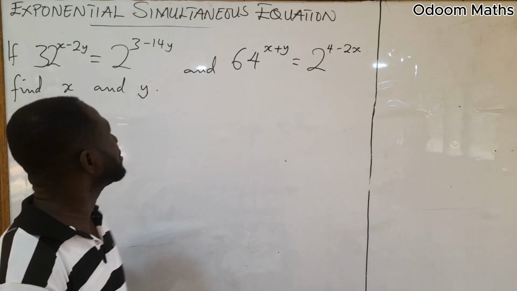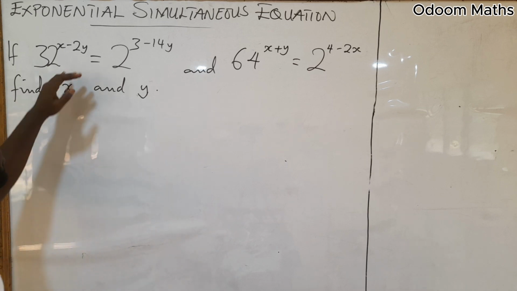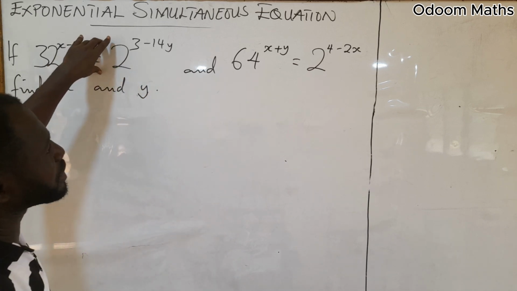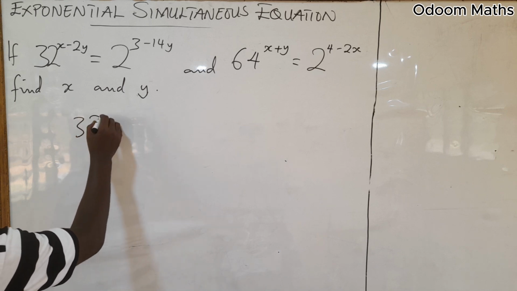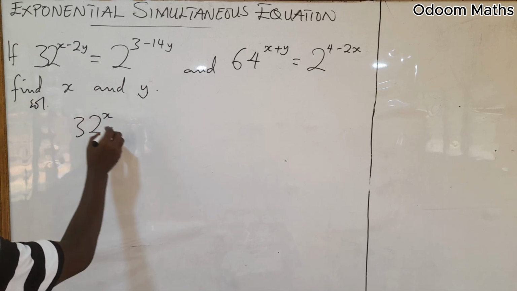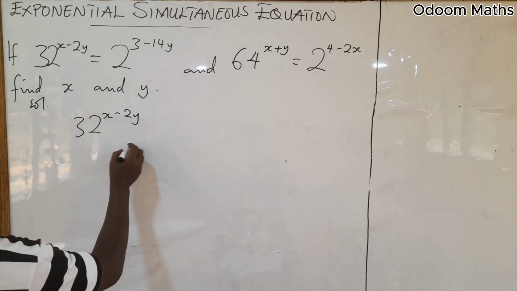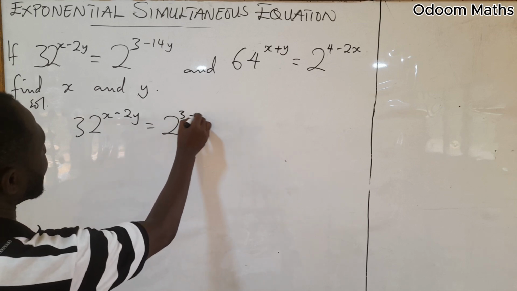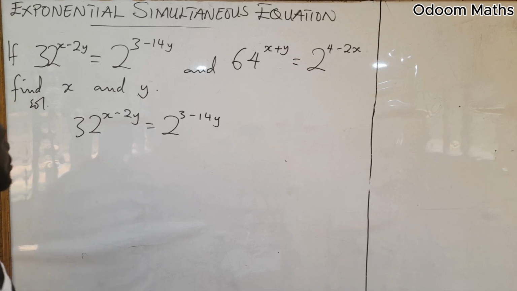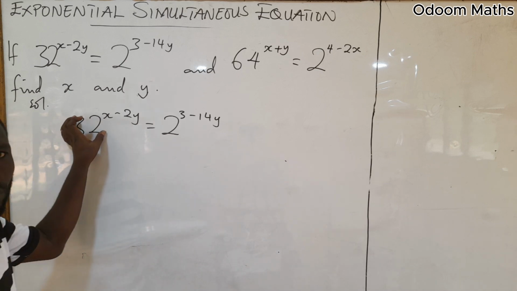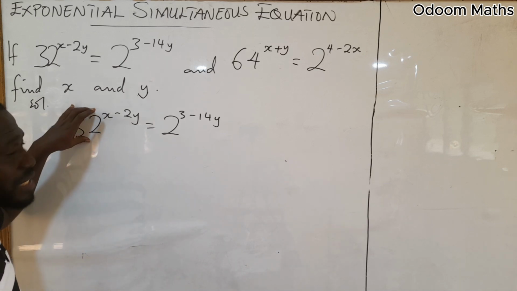Before I look at this, let me rewrite the first equation. So in this case, 32 to the x minus 2y is equal to 2 to the 3 minus 14y. Now looking at this, we need to get a base of 2 to a certain power that will be equal to 32.